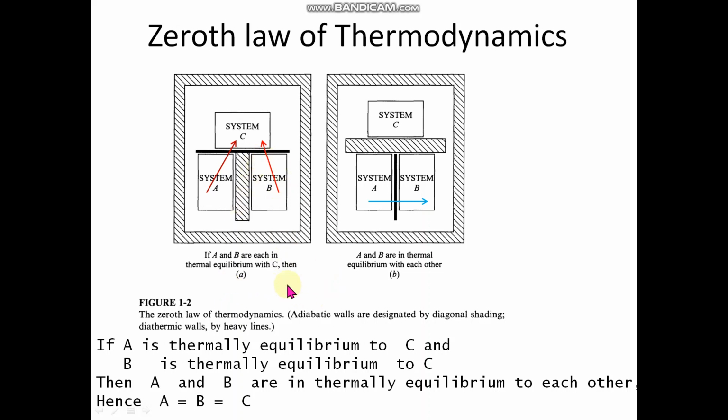Now in picture B, the wall is replaced. This is the conducting wall, and this is the insulating wall.